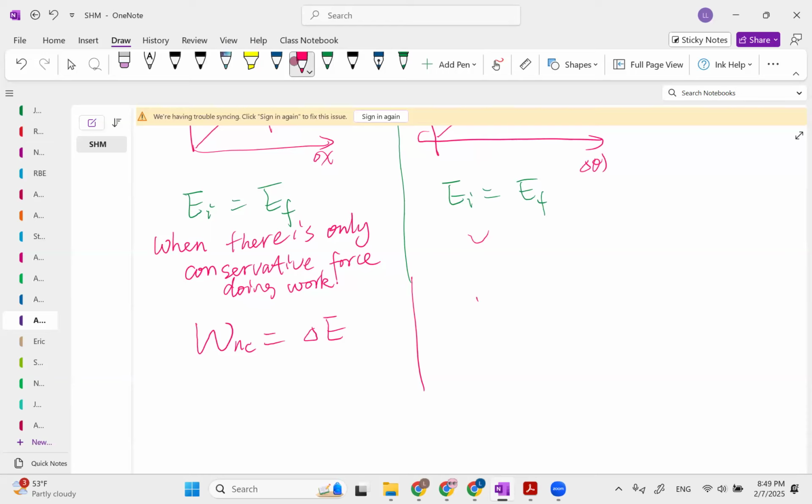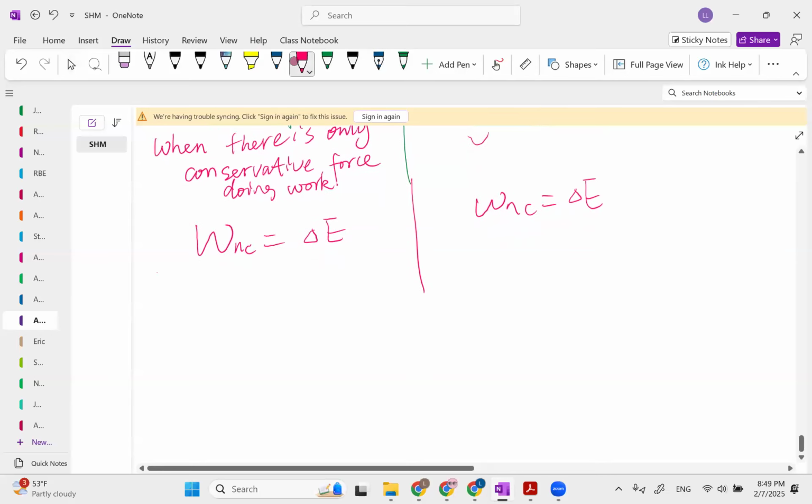So you can use the work done by non-conservative force will be change in mechanical energy. Got it? Good, right?